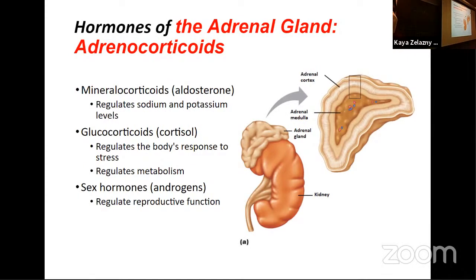We're thinking about all the different hormones that the adrenal glands can produce. So we refer to these different molecules that we're producing as adrenocorticoids. So that's just a class of molecule here. And they come in a couple different types. So we have our mineralocorticoids, mainly aldosterone, which is responsible for regulating our sodium and potassium levels.